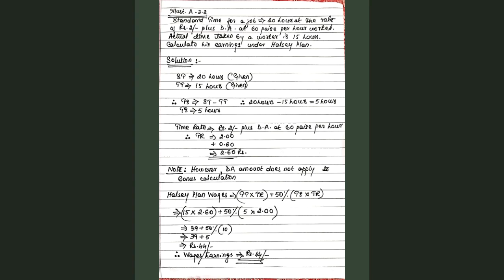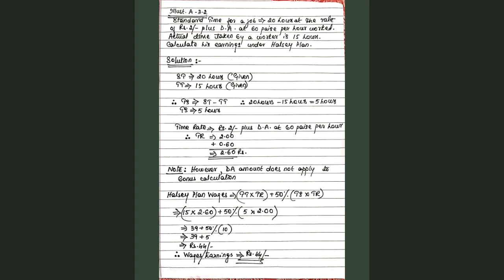As I told you, the DA should come only in the first part of the formula. So 15 hours into rupees 2.60, we close the bracket, plus 50% of time saved is 5 hours. So 5 into rupees 2 is the time rate. Now, in the second portion of the formula, we are not going to consider the DA, but we are going to consider the hourly rate only. So 2 rupees over there, 5 hours into 2 rupees.